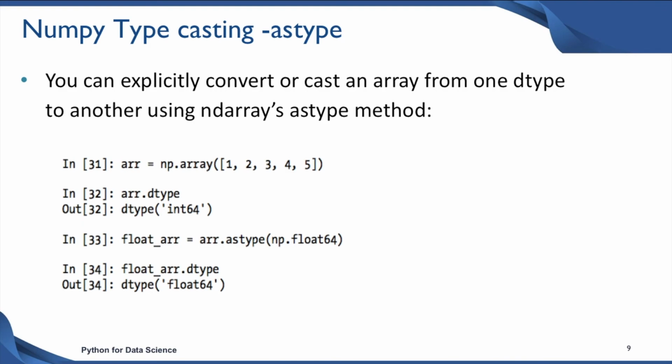But in this case we need to use astype. For example, this is your NumPy array, and by default the data type of this array is int64, which is nothing but 64 bits. You need to convert your array.astype of np.float. So in this array we wanted to convert the data type integer to np.float64. So let us try to do this.